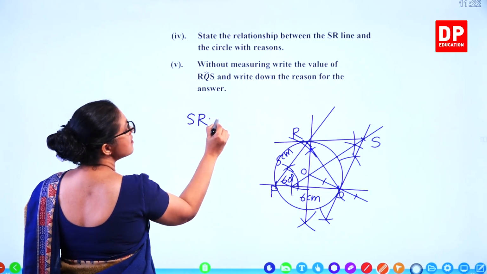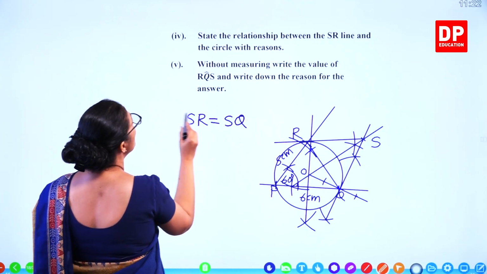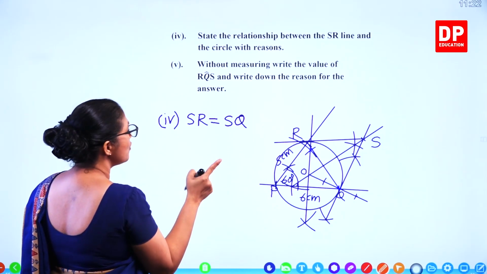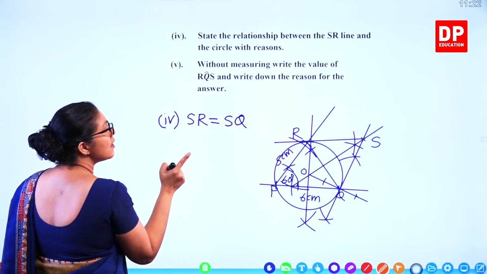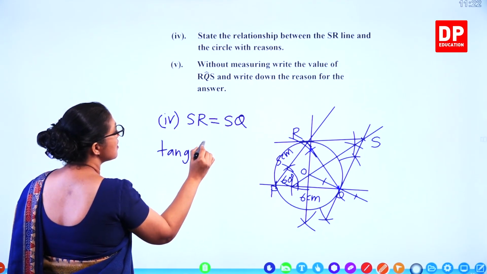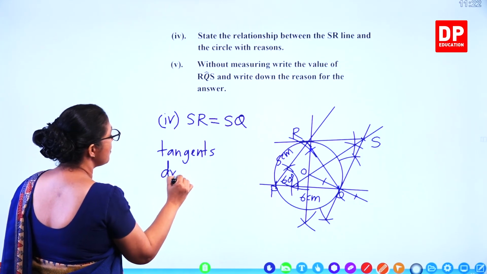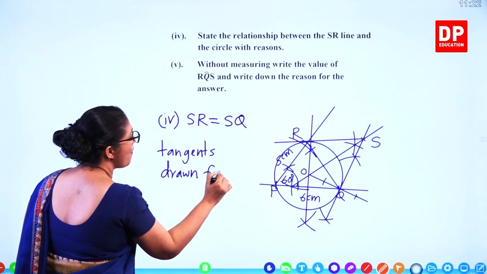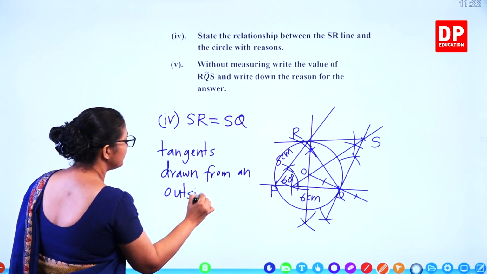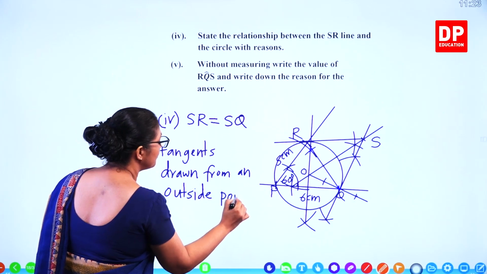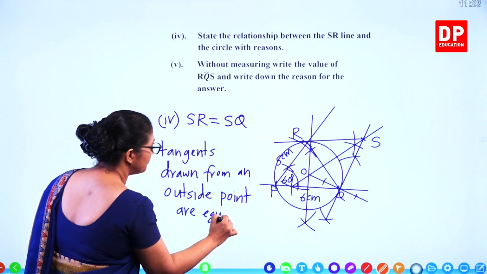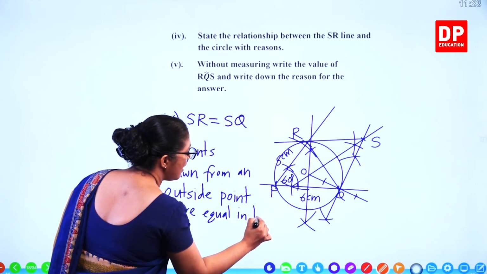SR is equal to SQ. With reasons, you can say tangents drawn from an outside point are equal in length.